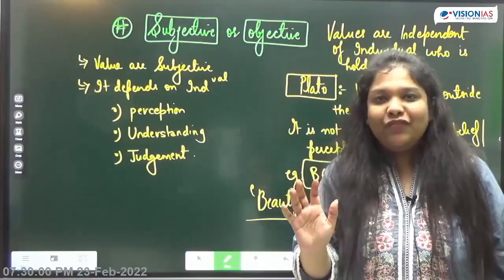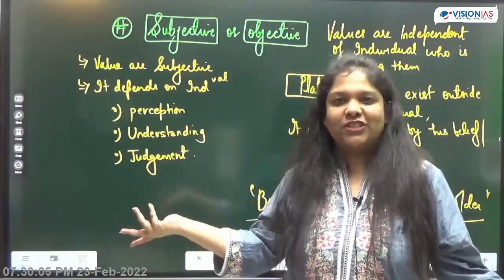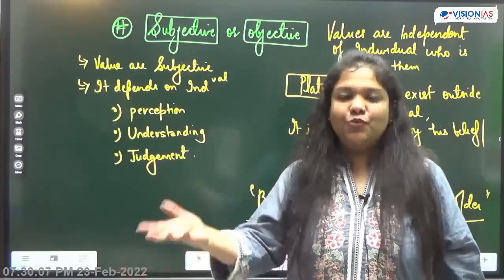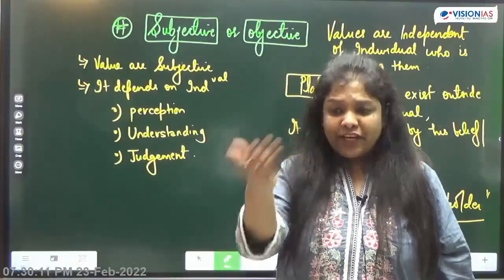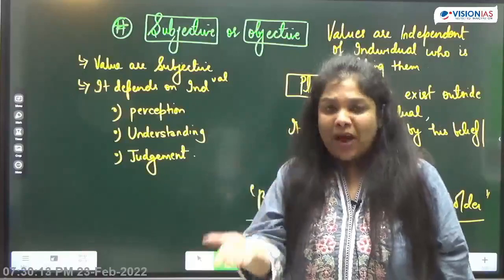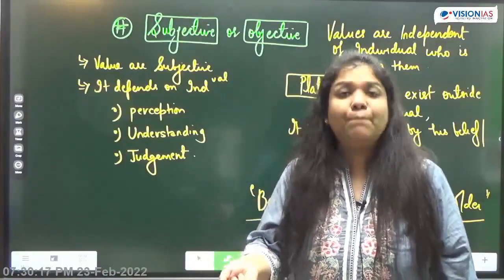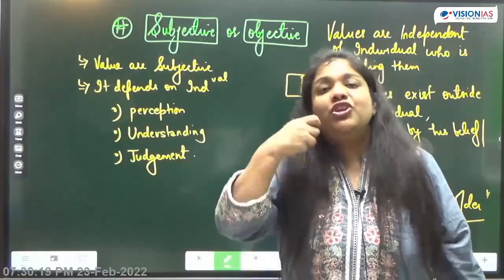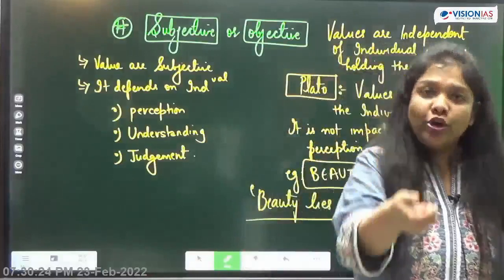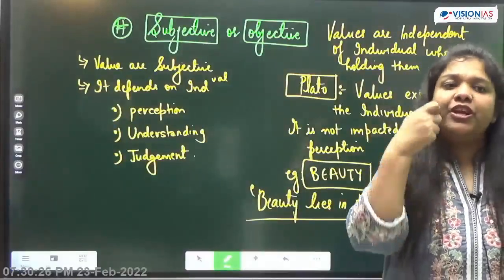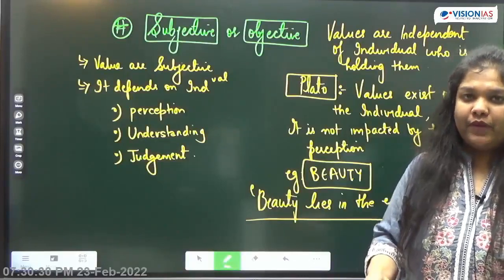You can't have a different perspective to it. Integrity matlab following ethics across time and space. Compassion matlab you are putting yourself in the shoes of others and trying to resolve their problems. So compassion, integrity, empathy, these are objective values, right? Apart from that, values largely are subjective because you can have your own understanding, own interpretation, own judgment to it. Is that clear?